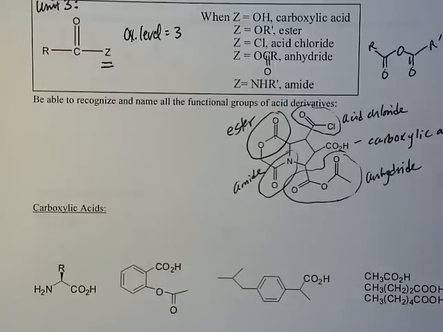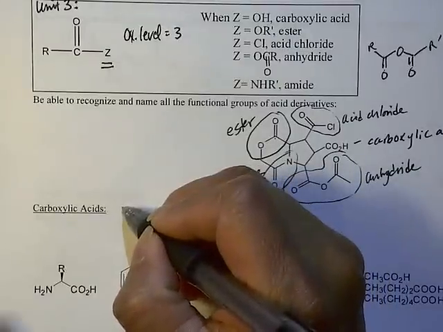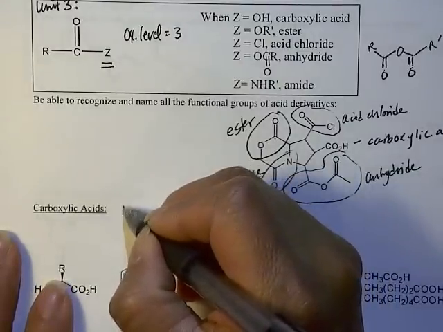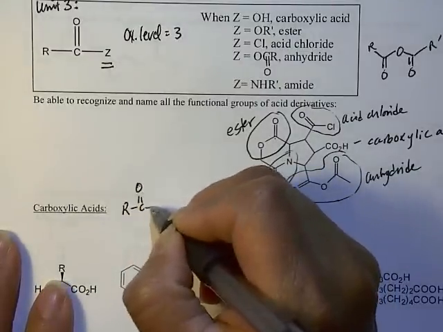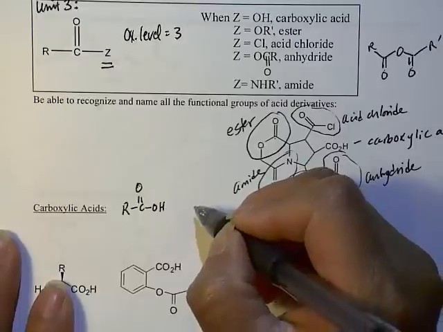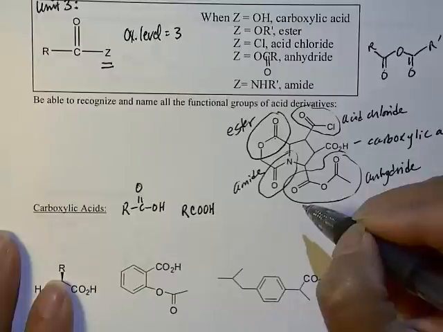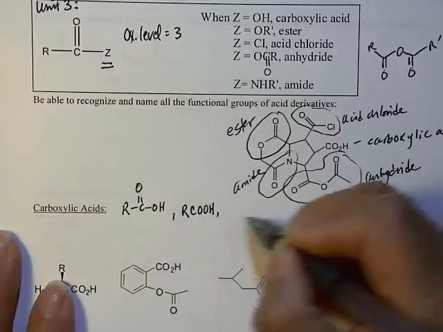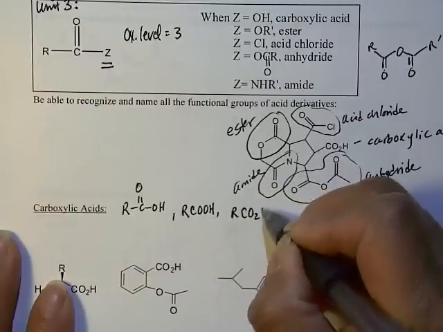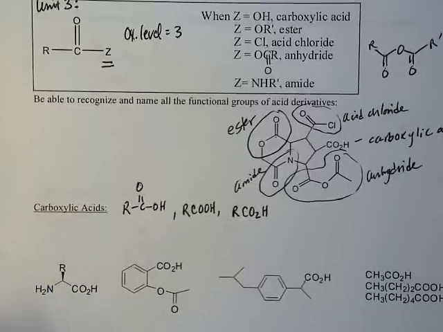So the carboxylic acid functional group looks like this, C double bond O, OH, but a lot of times it's not written out, but abbreviated as COOH or RCO2H most often. Those are the abbreviations that you'll see for carboxylic acid.